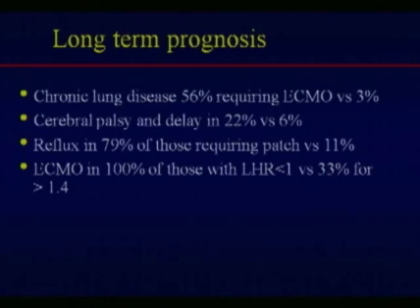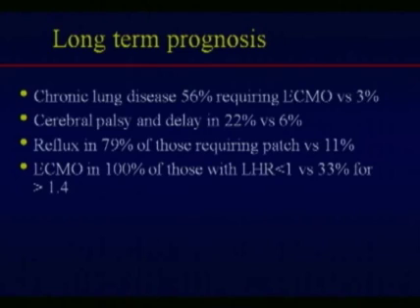We're also learning about other long-term outcomes, including developmental delays and neurologic injury, cerebral palsy, and neurologic developmental delays in 22% versus 6% in those requiring ECMO and those that did not require ECMO. And looking at those that required a surgical patch, GE reflux, which can be quite debilitating, in 79% versus 11% for those that did not require a patch.